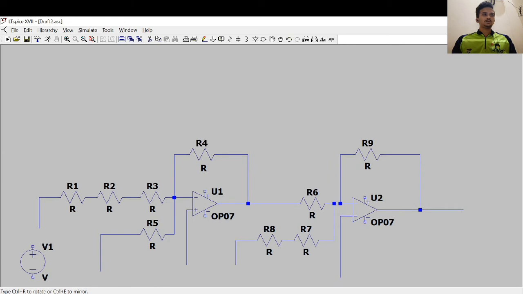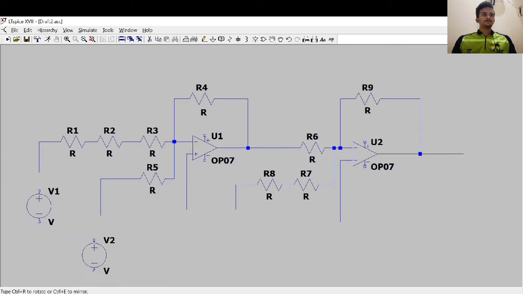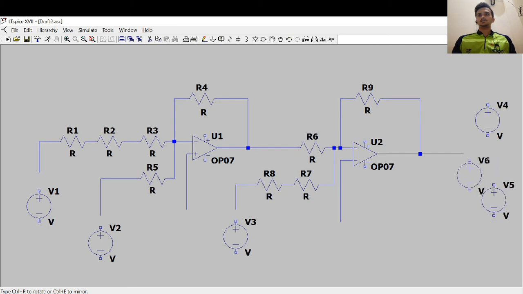One will be here, one here, and one here. We'll also require to supply voltages to the op-amp, so two more DC sources.